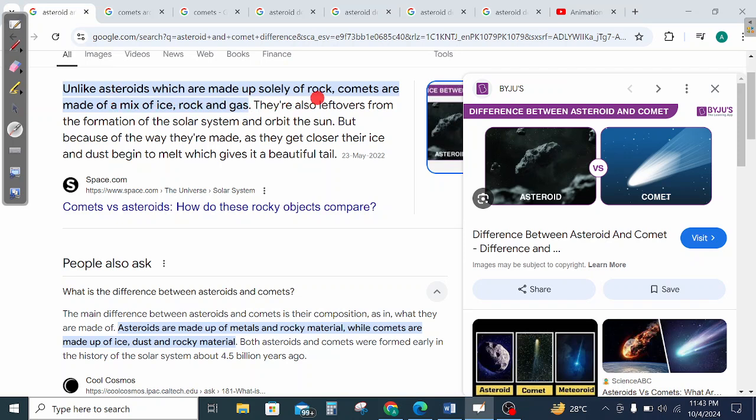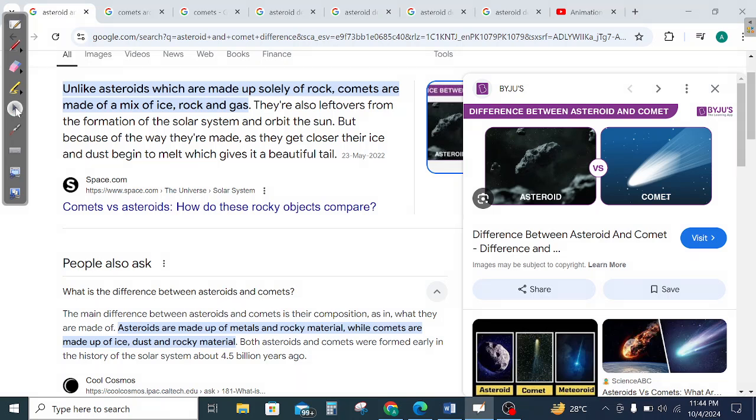Asteroids are made up of rock only, but comets are made up of ice, rock and gas mixture. If you look at this one, this is the asteroid and this is the comet, but they are moving. I will show you the orbits in which both are moving. So this is basically the actual picture of the asteroids and the comets.